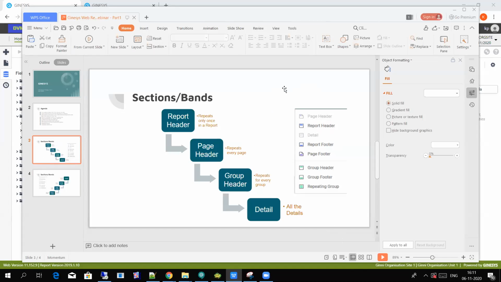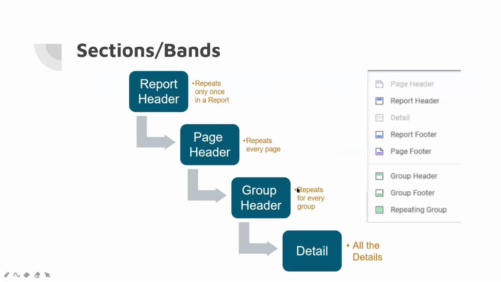To understand the reports, we need to understand this particular concept of various sections, and that would be helpful to achieve my report building, right? So to build a report, we have various options in a report. We'll come to this. We'll see in this particular report what these all come in as part of the report.